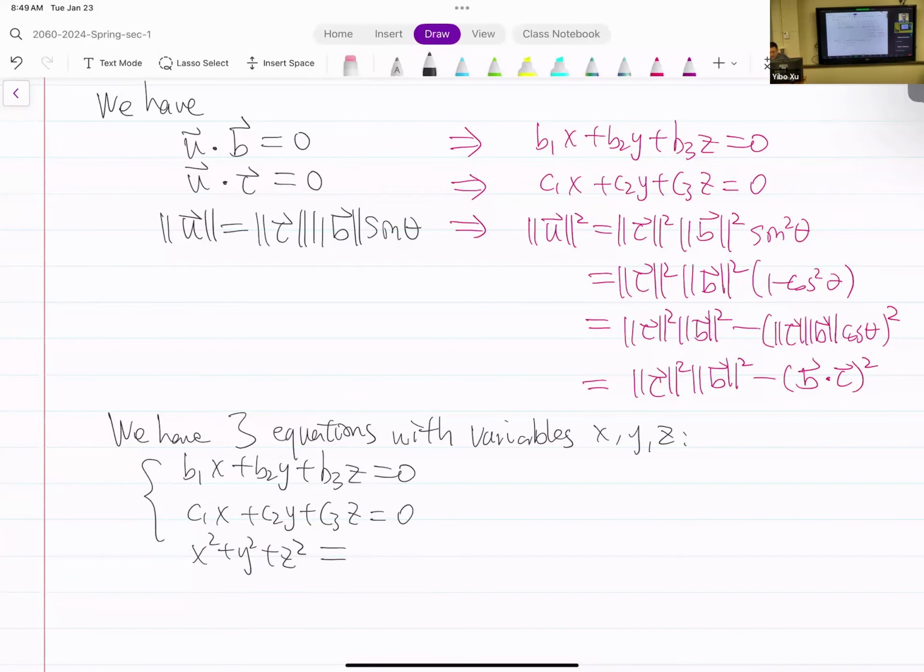Now, the right-hand side, the magnitude of c squared is c1 squared plus c2 squared plus c3 squared. And now the magnitude of b squared is b1 squared plus b2 squared plus b3 squared. And then minus b dot c, which is essentially b1 c1 plus b2 c2 plus b3 c3, squared.